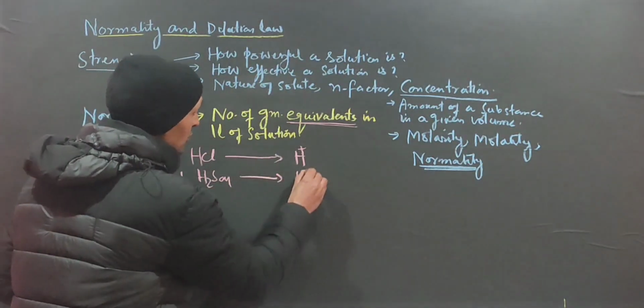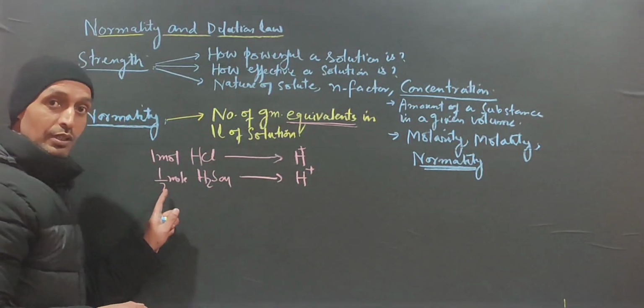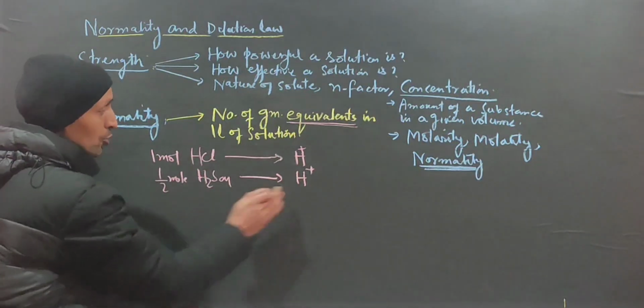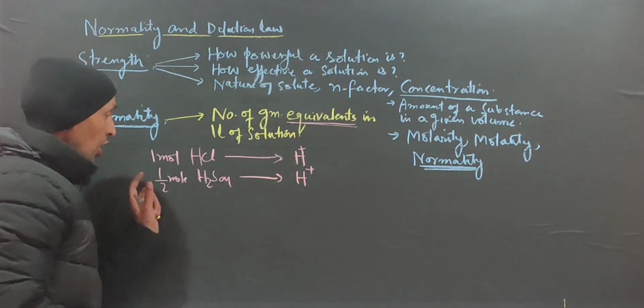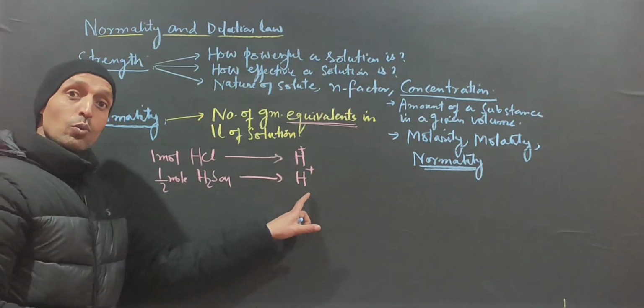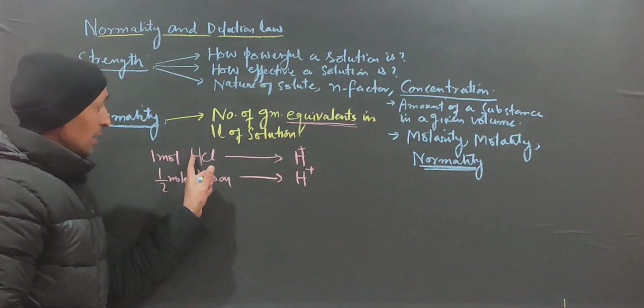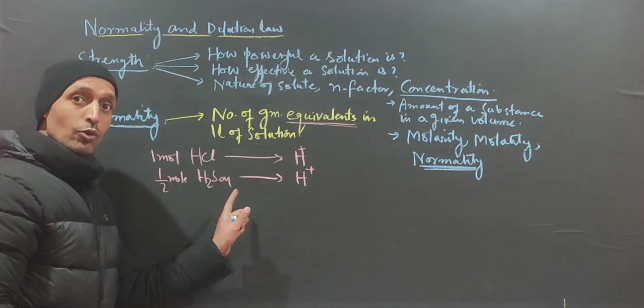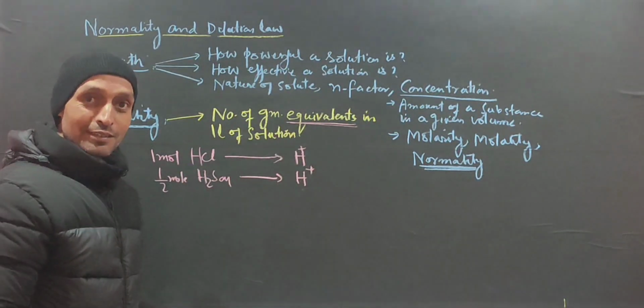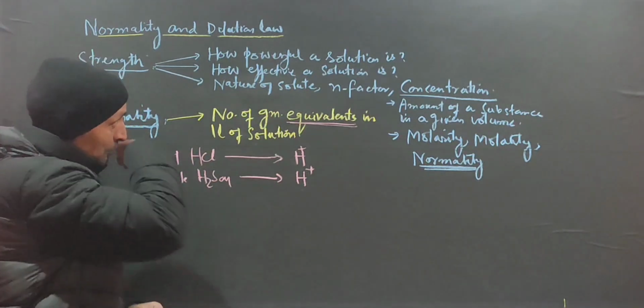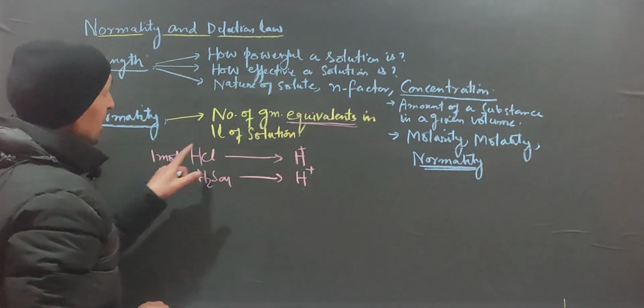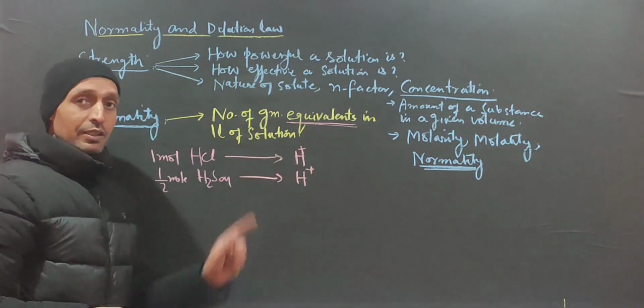It also gives you H positive, half of, because 1 mole of H2SO4 gives you 2 protons. Half a mole of H2SO4 will give you 1 proton. The same work done by HCl, H2SO4, equivalent. Okay? Now, normality is the number of gram equivalents in 1 liter of solution.